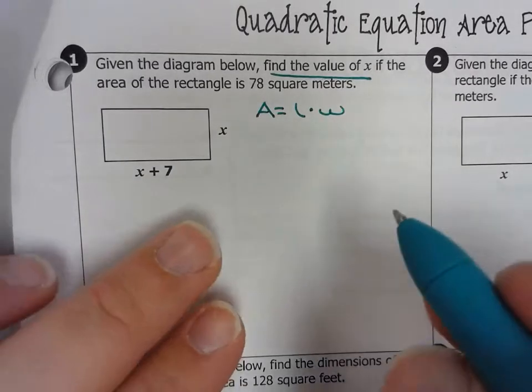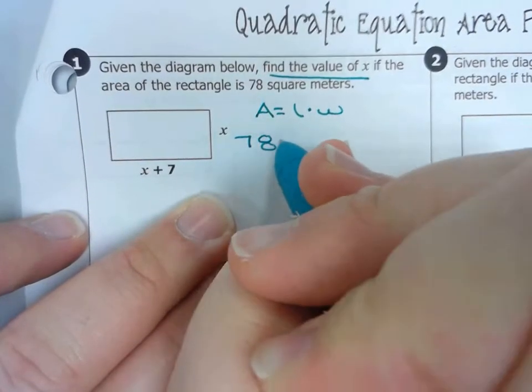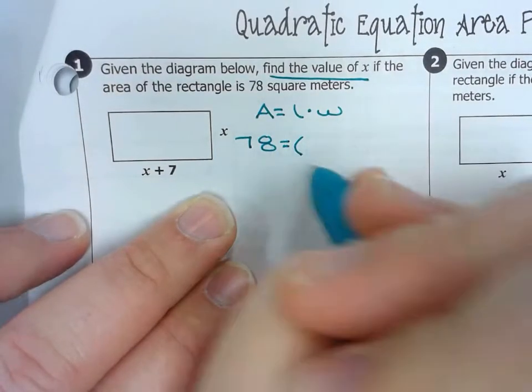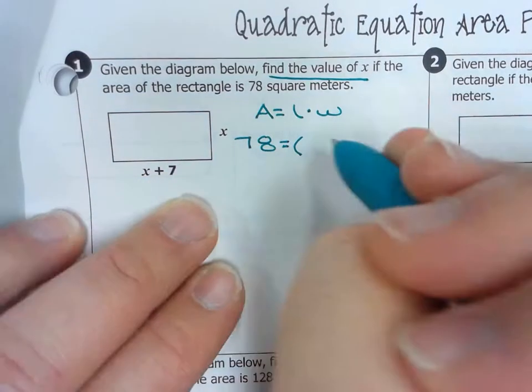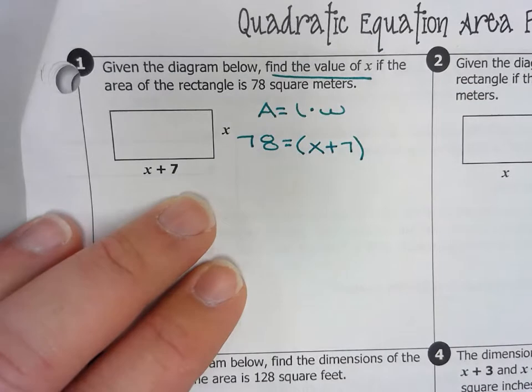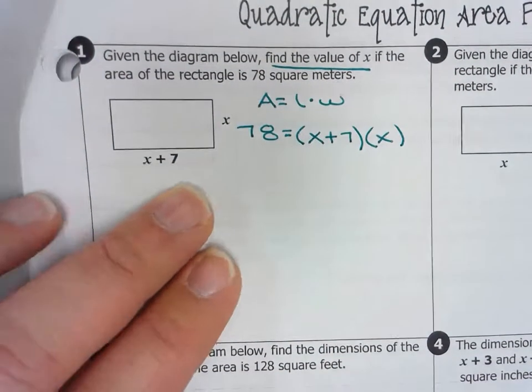What is the area? Okay. What is the length? X. It doesn't really matter what you choose for each one. I usually do the length as the bottom one, so length would be x plus 7. It doesn't really matter. And the width would be what? X. Doesn't really matter if you switch those.